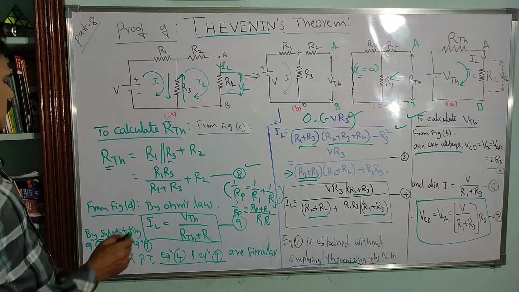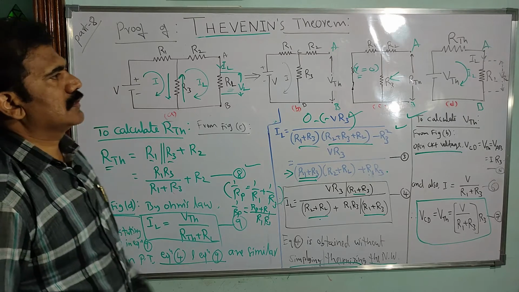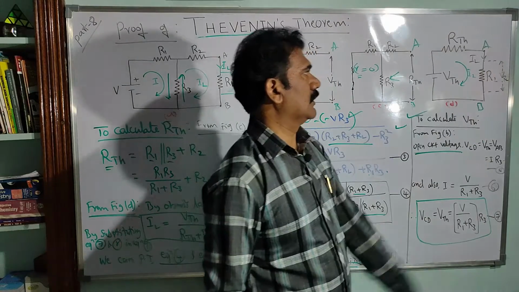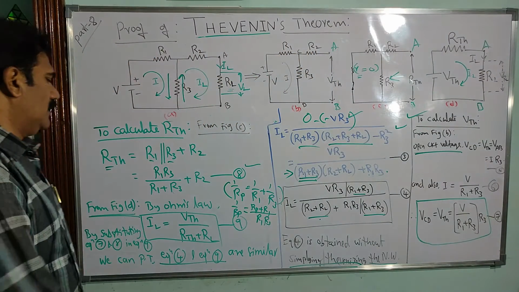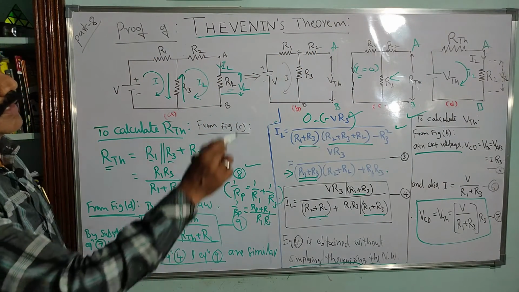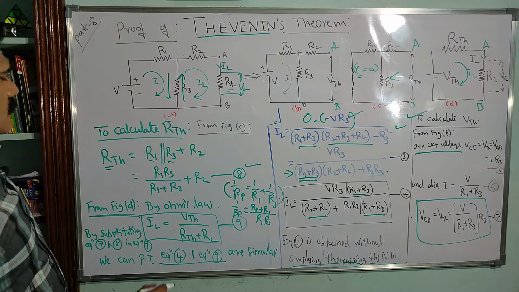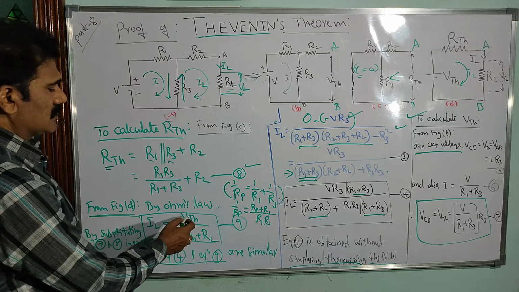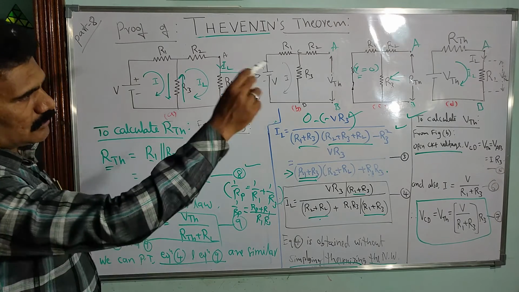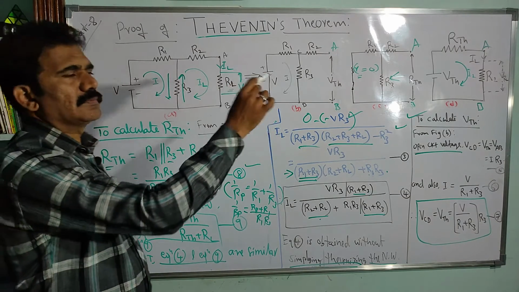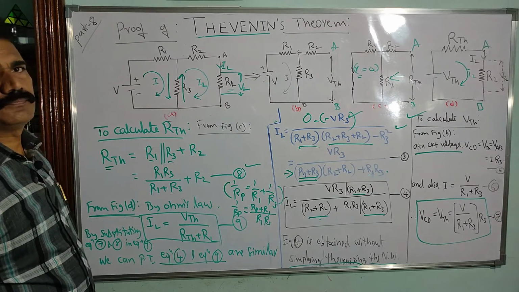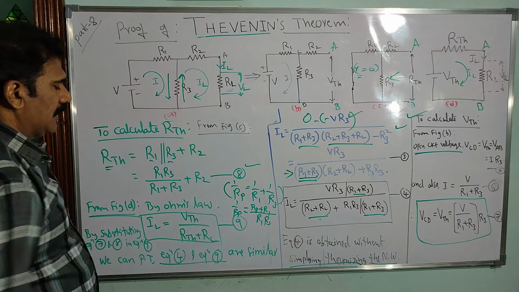Now considering the last figure, in which we have VTH, RTH and RL, by applying Ohm's law, what is the current through the load resistor? IL is equal to the Thevenin's voltage source VTH divided by the total resistance of the circuit, which is RTH plus RL. This is equation 9.